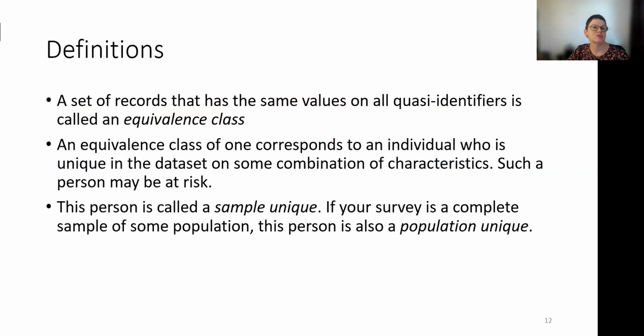That is a person who may be at risk of being re-identified. This person is called a sample unique. If your survey is a complete sample of some population, if you have a register of every person who lives in a particular town, that person is also a population unique, and they're definitely at risk of identification.